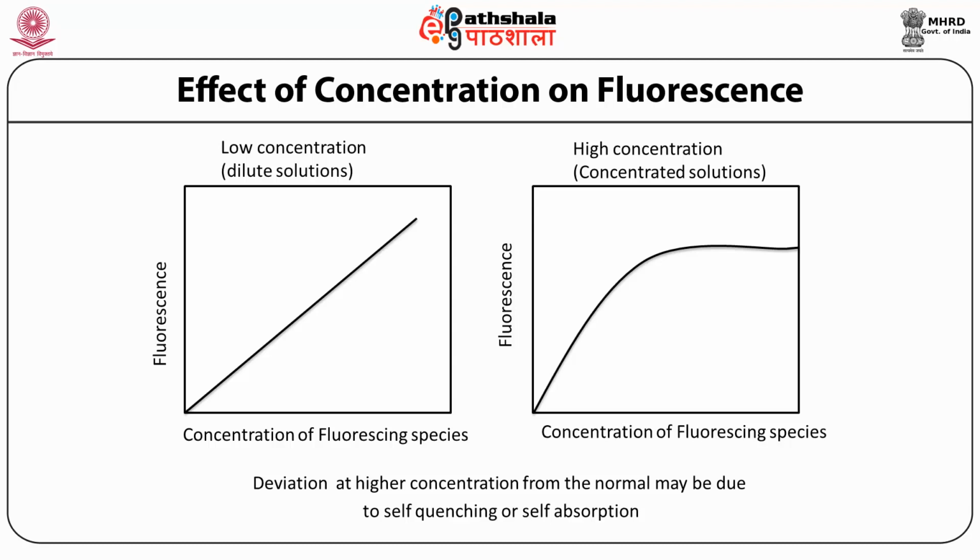The left side graph is straight, whereas the right side graph bends towards the concentration axis. So we can say the deviation at higher concentration from normal may be due to self-quenching or self-absorption.